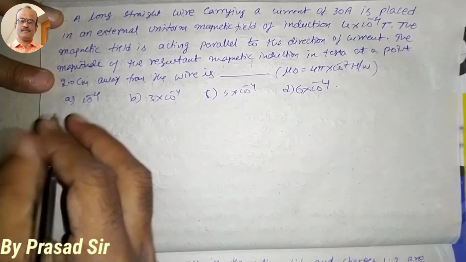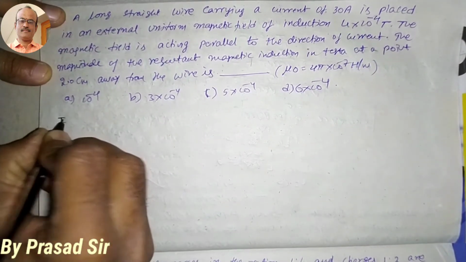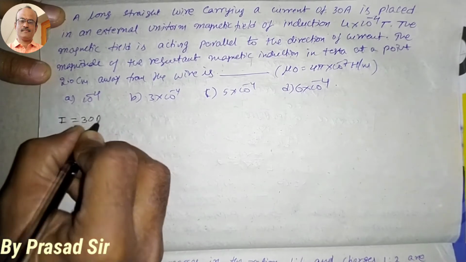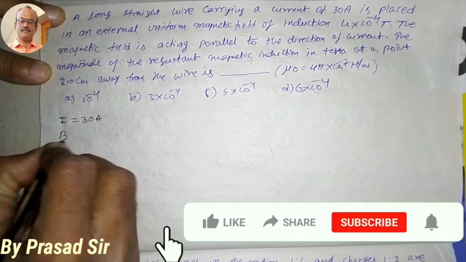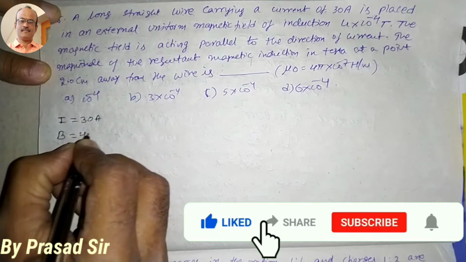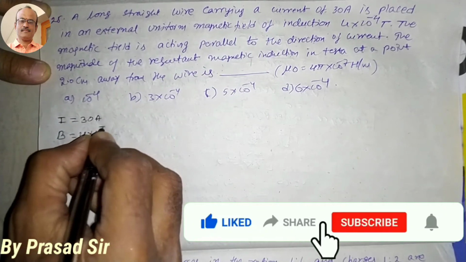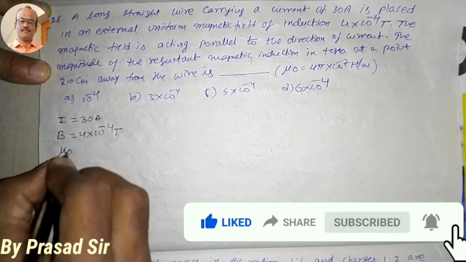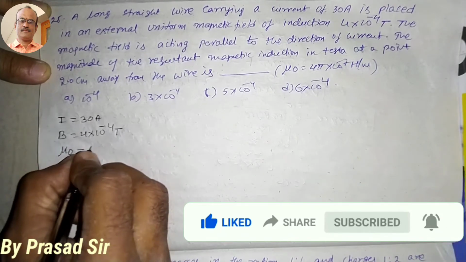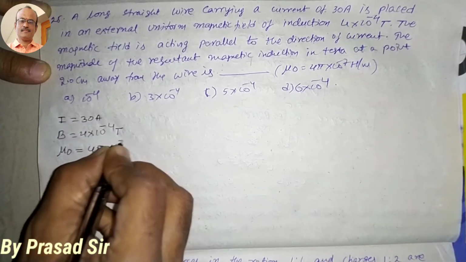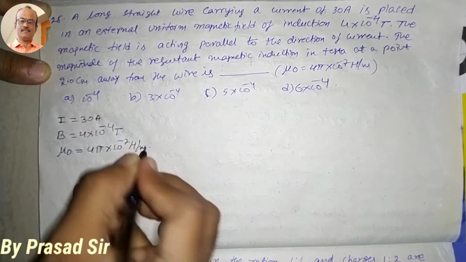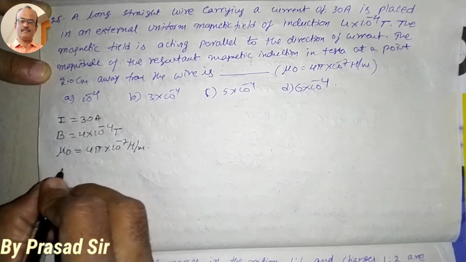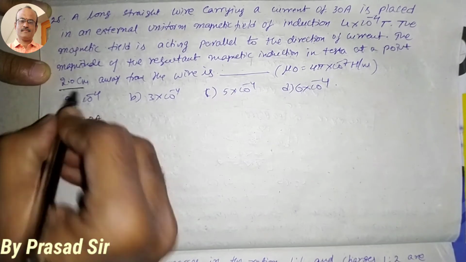So first of all, a straight current carrying wire which carries a current of 30 amperes and the magnetic field of induction which must be placed, that is 4 into 10 to the power of minus 4 Tesla, and the magnetic permeability, that is mu naught is equal to 4 pi into 10 to the power of minus 7 Henry per meter, and which is placed at 2 centimeters.